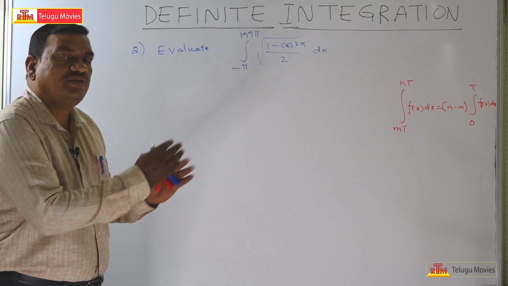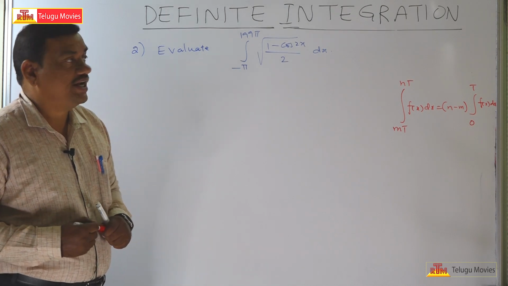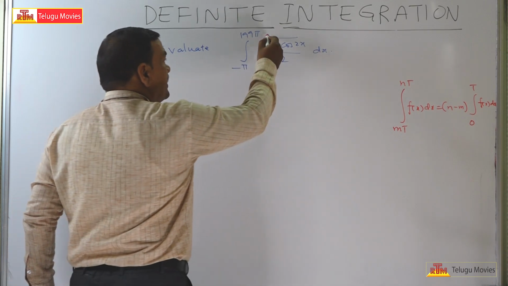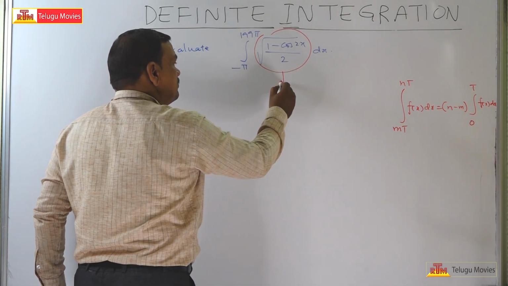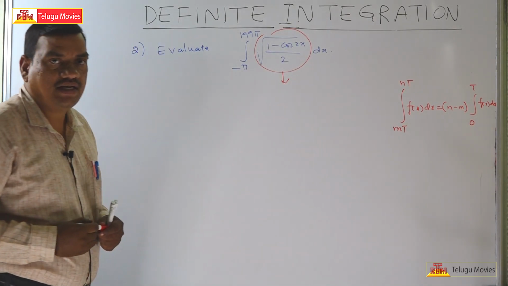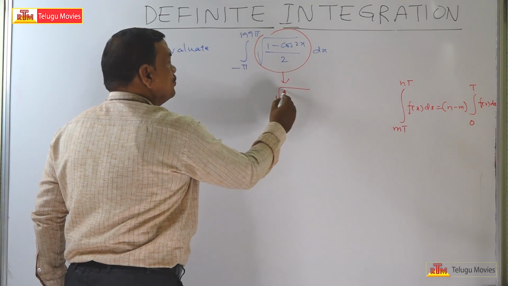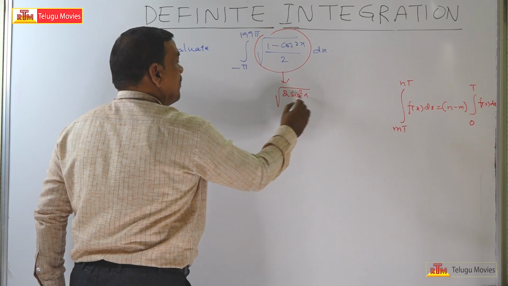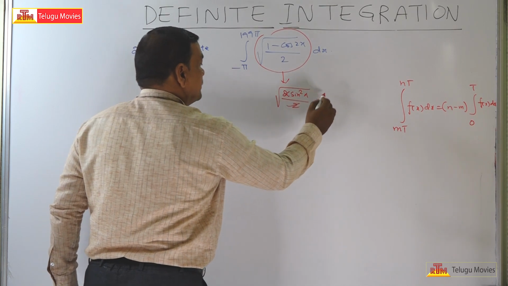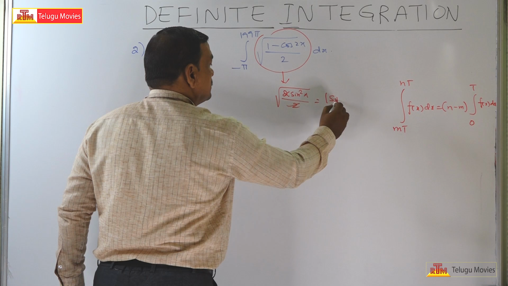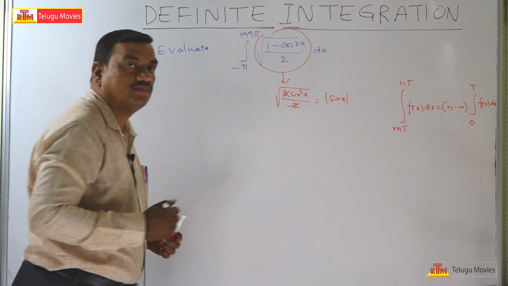The first one, observe the integrand. So here the integrand is this. This value is, anybody can say, 1 minus cos 2x is equal to 2 sin square x, under root of 2 sin square x by 2. 2 will cancel. Root of sin square x means mod of sin x. Clear?